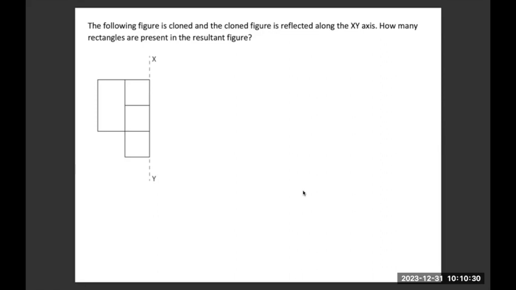So when you clone the diagram, it will look something like this. Let's draw that first.